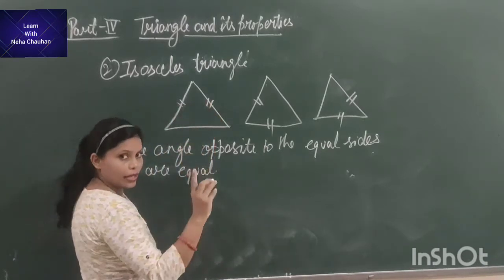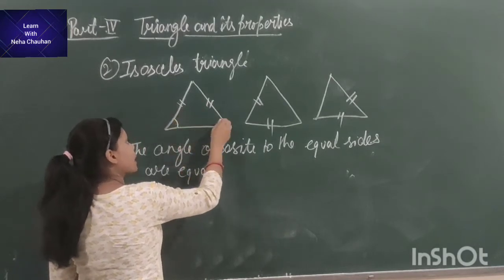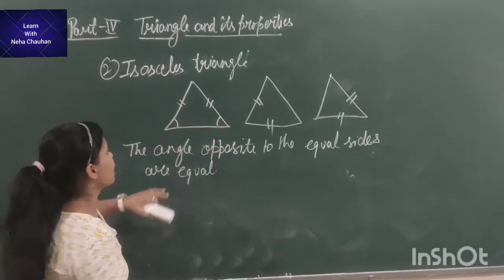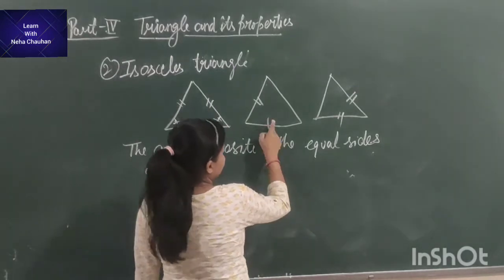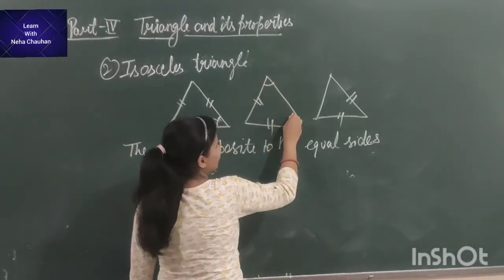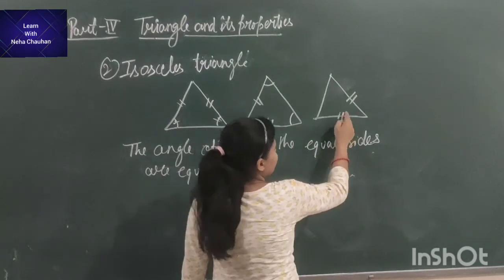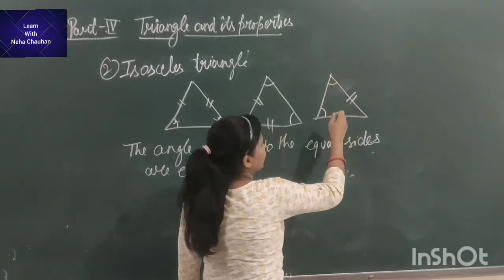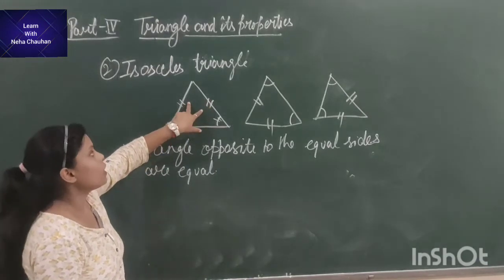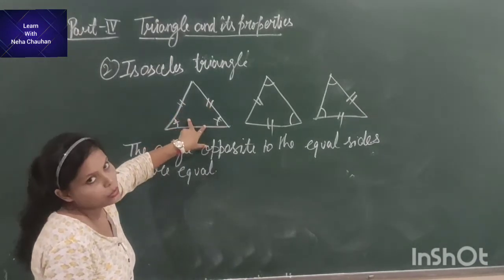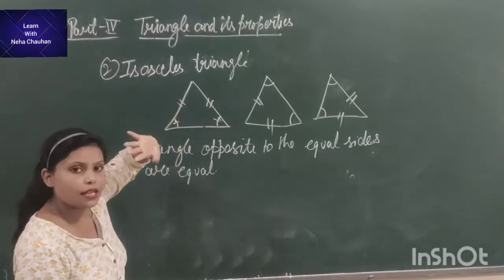These are the two equal sides, so the opposite angles are these, and these angles are also equal to each other. In this triangle, these two angles are equal, and in this triangle, these two angles are equal. That means two sides are equal and two angles are equal in an isosceles triangle.